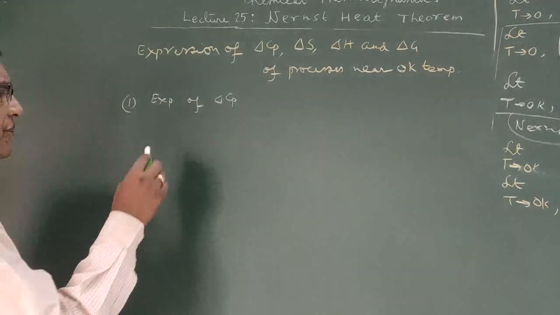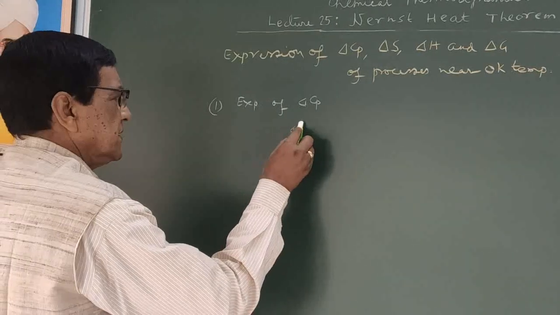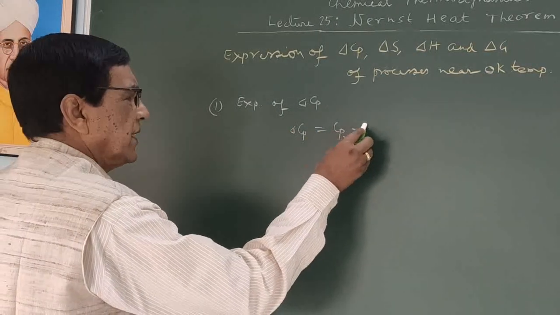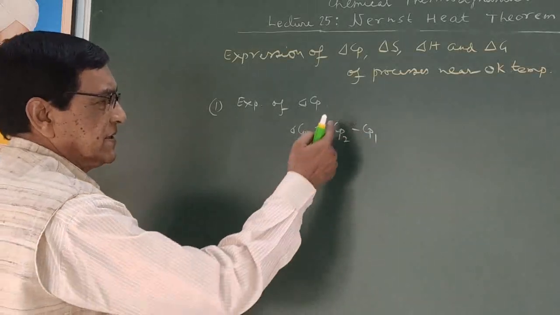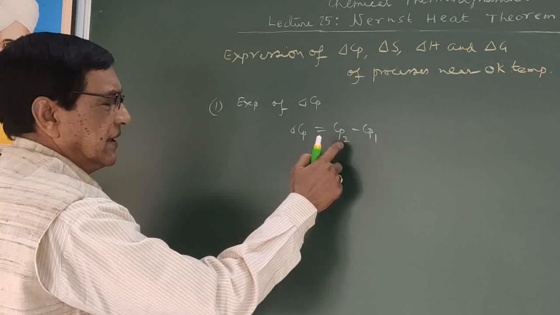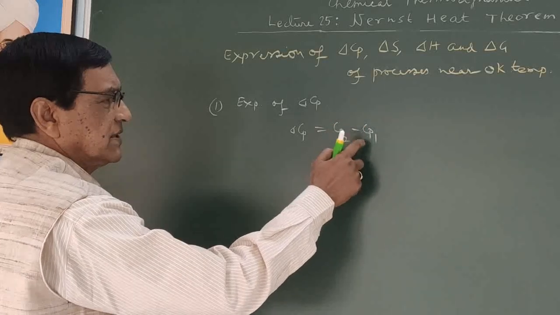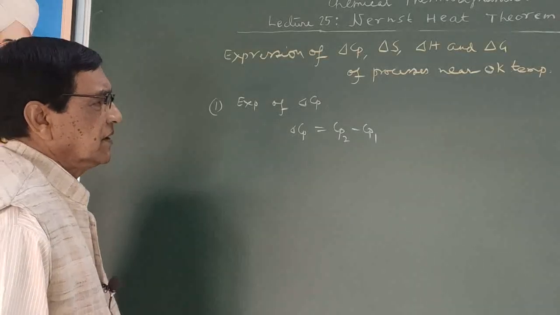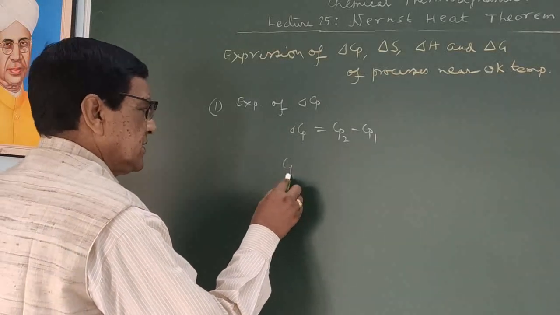We know del Cp is equal to Cp2 minus Cp1. This is the constant pressure molar heat capacity for the final state, and this one is for the initial state of a process. And we have this Cp.